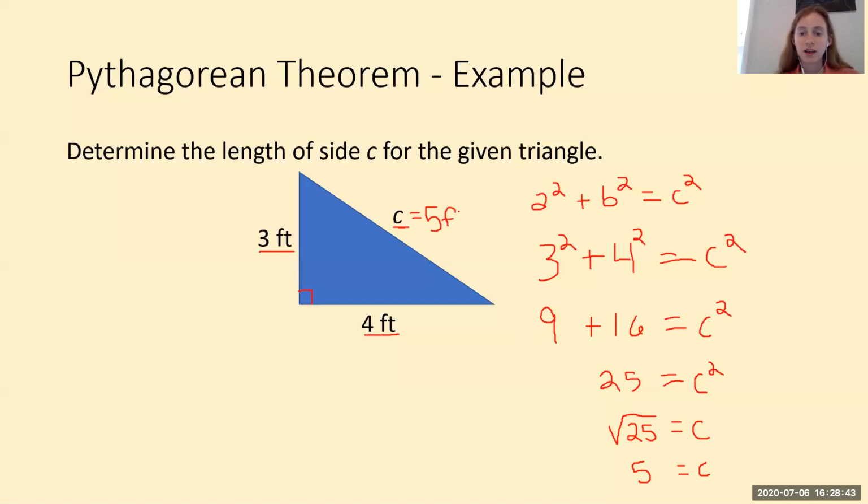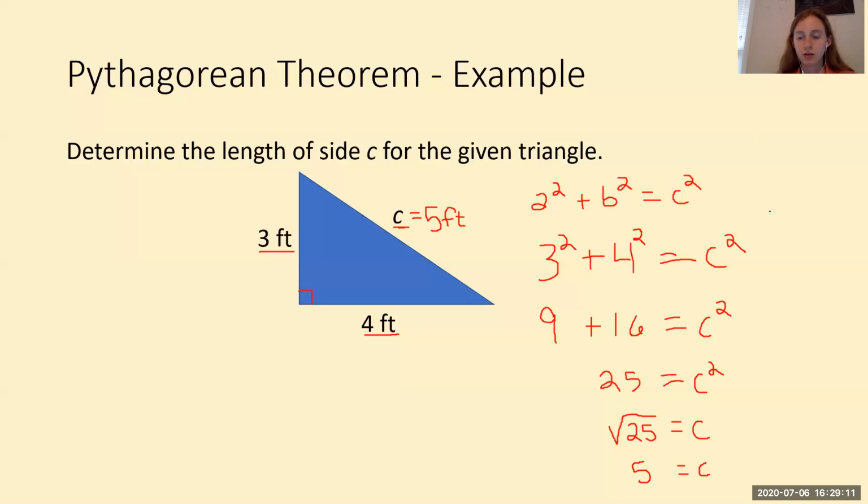So in general, if you have a problem involving a right triangle, probably what it's going to be asking you to do is solve for one of the sides, and you're going to be told 2 of the sides. So you're going to know 2 of the sides, and you're going to be solving for the one missing side. And that process is going to be really similar to what we did here.